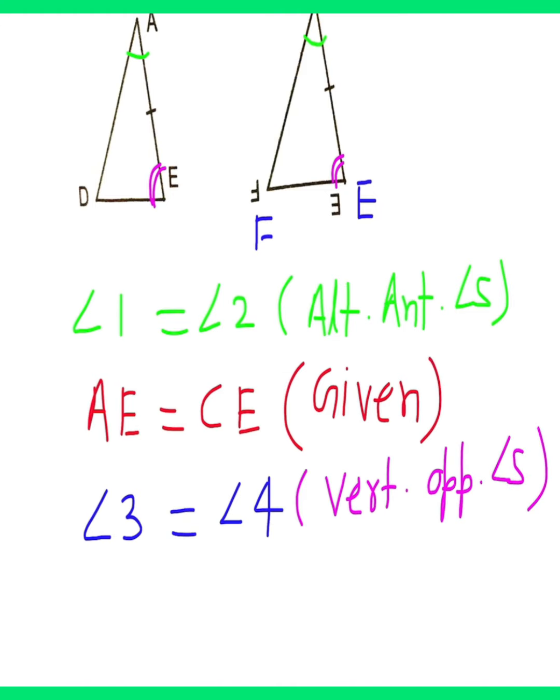Okay, now you will get here three conditions: angle 1 equal to angle 2, side AE equal to CE, and angle 3 equal to angle 4. So this is angle, this one is side, this one is angle. So you can say that by the angle side angle criterion these two triangles are congruent.